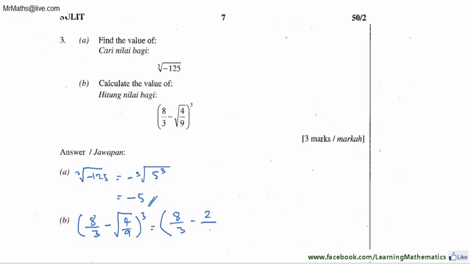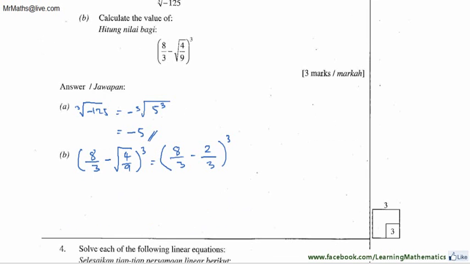What is the square root of 9? It is 3. Then we raise to the power of 3. So 8 over 3 minus 2 over 3 is 6 over 3, which is actually 2. So that is 2 raised to the power of 3. 2 times 2 is 4, 4 times 2 is 8. So the answer is 8.